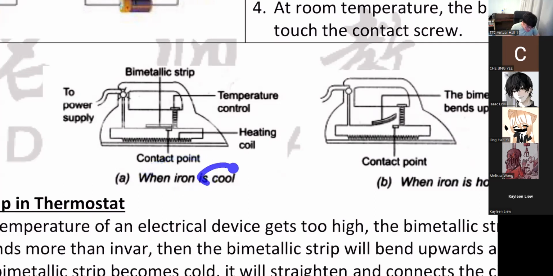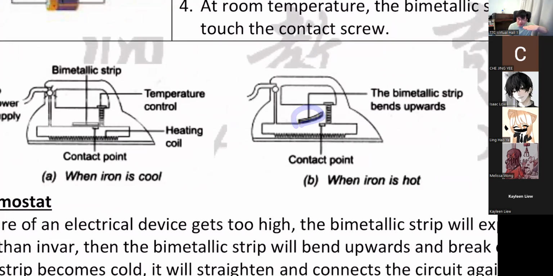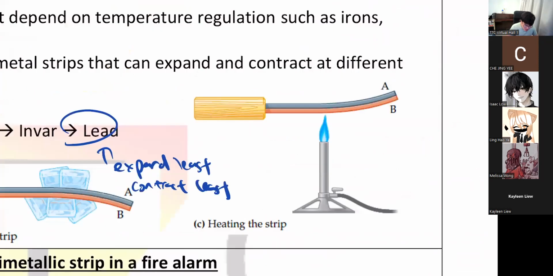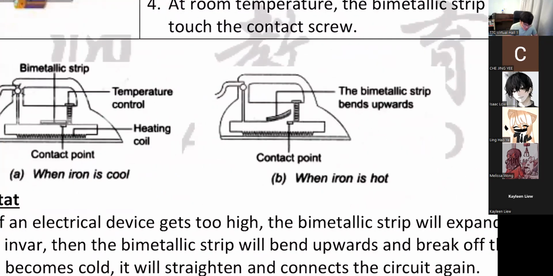So what happens when the iron is cool? The circuit is connected, so your iron will start heating up. When it heats up too much, this bimetallic strip will start to bend. Like I said, when it's hot, it will bend. When it bends, this contact point will cut off, so there's no more connection and the iron switches off.